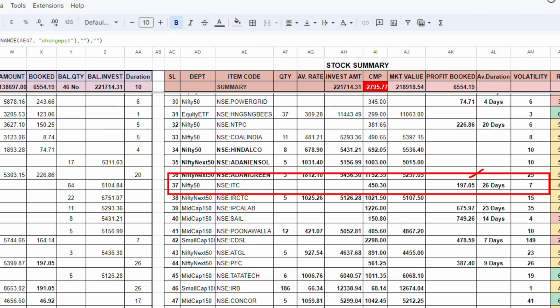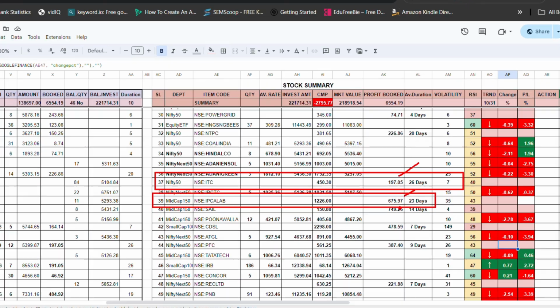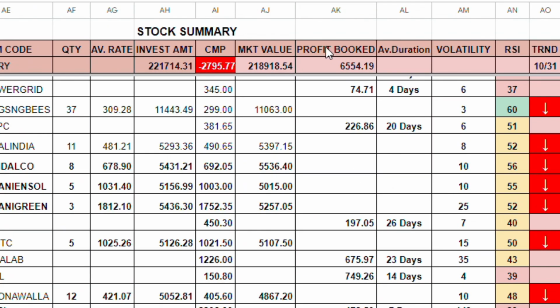You can see how much I have booked profit in these two stocks. So, as on date, profit booked is 6,554 rupees.